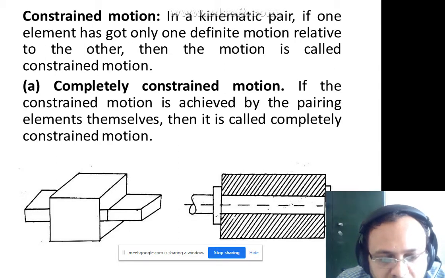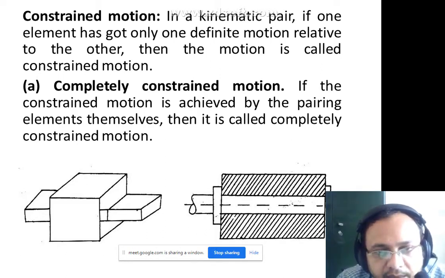So two parts should have relative motion in contact, and when it is achieved, only then is it known as constant motion. Sometimes the two bodies are in contact, but there is no motion at all. It is only kept, and that is not considered motion. Constant motion exists only when there is a definite relative motion between two materials.